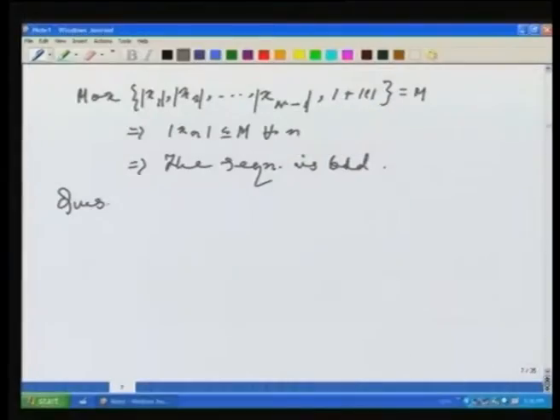Then the question remains, is the converse true? So, the question is: is every bounded sequence convergent?